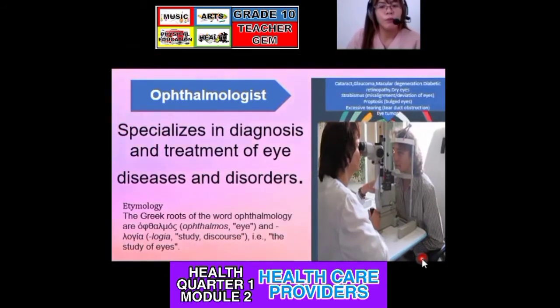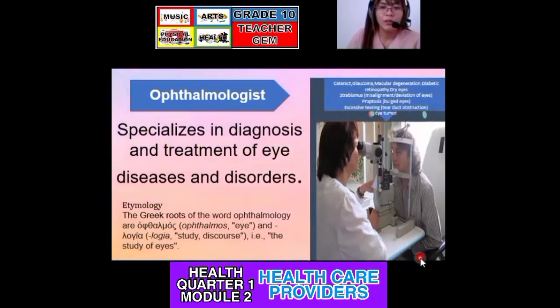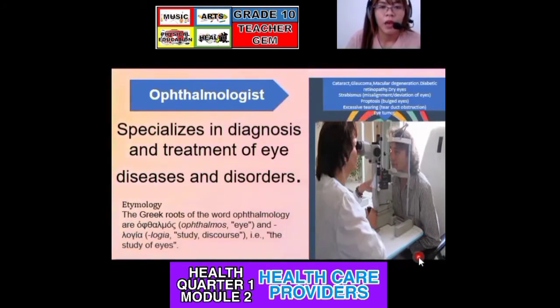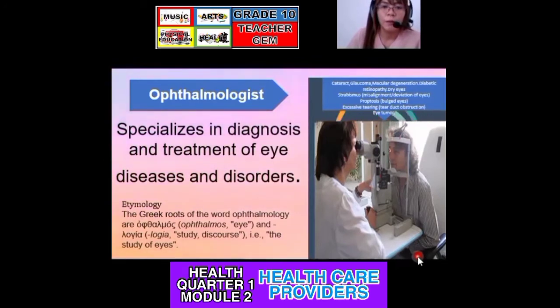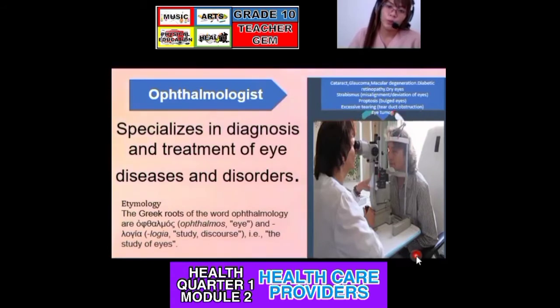A partial list of the most common diseases treated by ophthalmologists includes cataract, glaucoma, macular degeneration, diabetic retinopathy, dry eyes, strabismus, and also misalignment or deviation of the eyes, proptosis (bulging eye), excessive tearing or tear duct obstruction, and eye tumor.